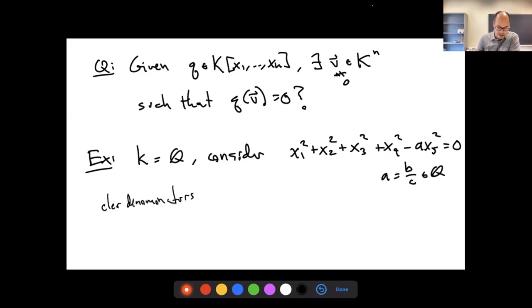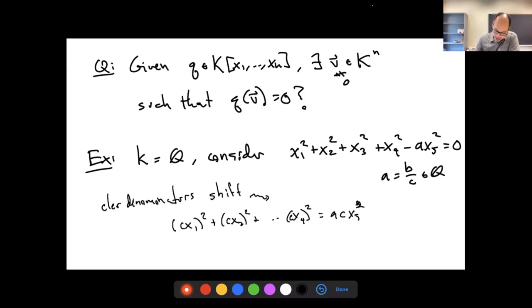It's a little messier than I had hoped, but clear denominators and shift. And what we get is that we can rewrite this as the sum of c times these variables squared is equal to ac x5 squared.